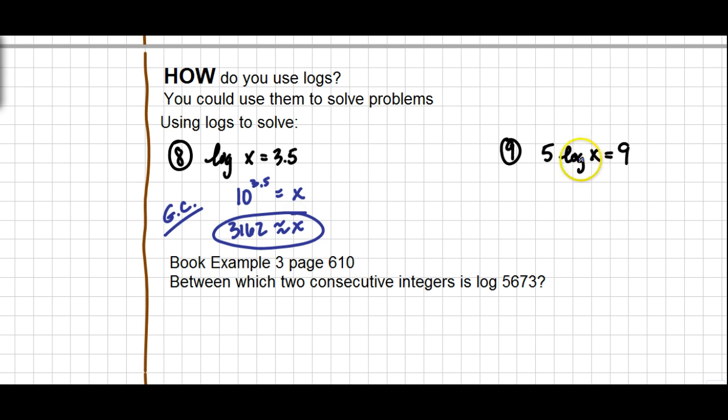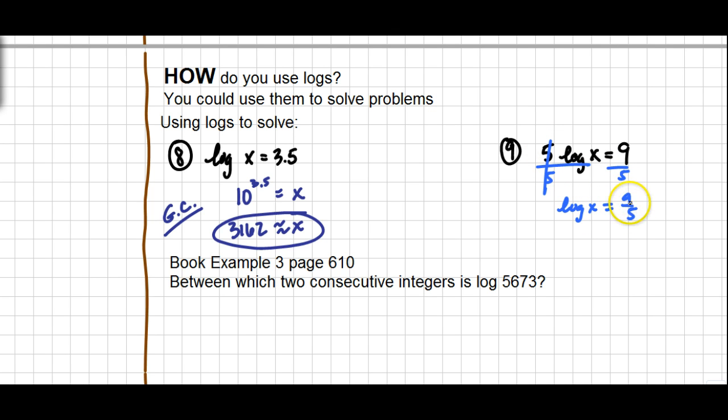Similarly, on number 9, first we're going to use a little bit of algebra to isolate the things that are near the x. The log is right next to it, but the 5 is further away. So we're going to get rid of that 5 by dividing. If I divide by 5, it's going to cancel on that side, leaving me log of x is 9/5.